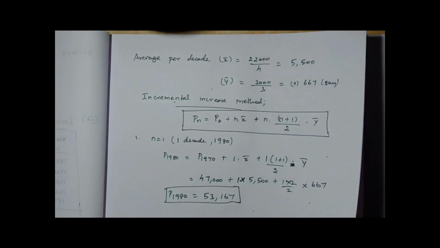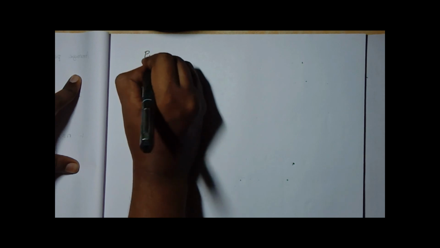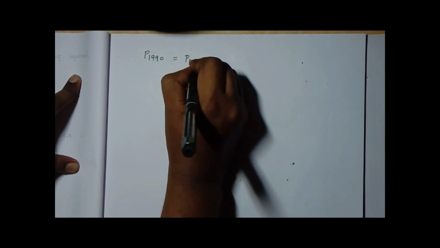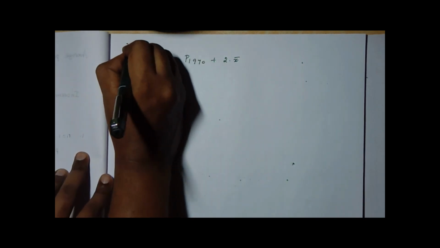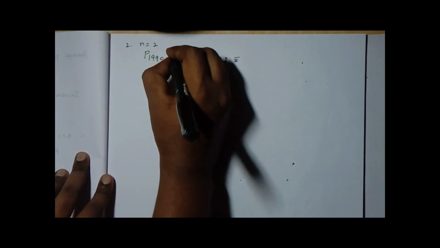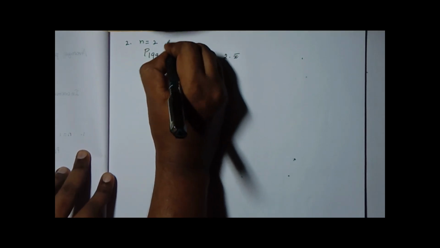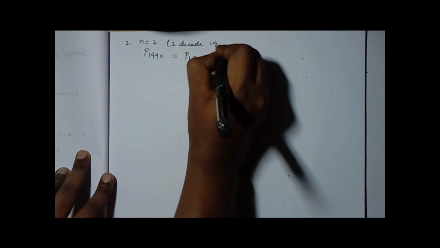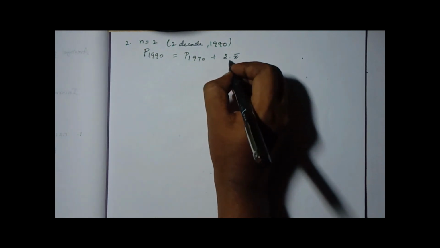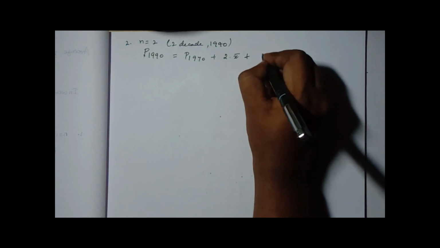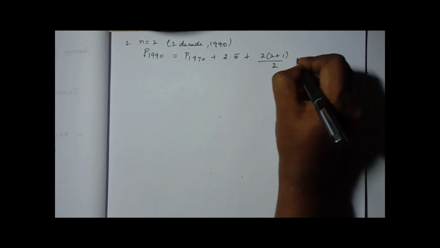Similarly, we have to find for 2 decades and 3 decades. In the year 1990, P 1990 is equal to P 1970 plus 2 into x bar plus 2 into (2 plus 1) by 2 into y bar, since n is equal to 2 and this is 2 decades.